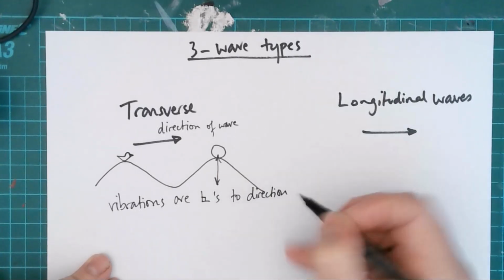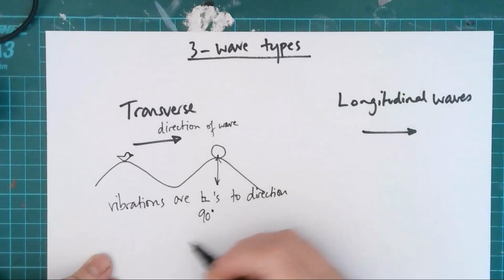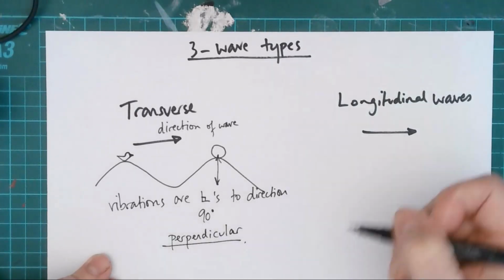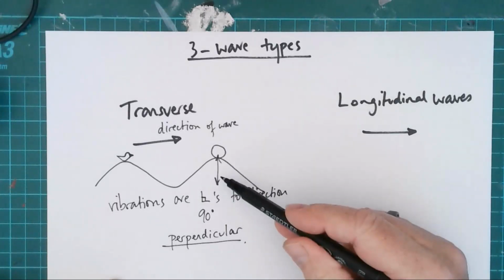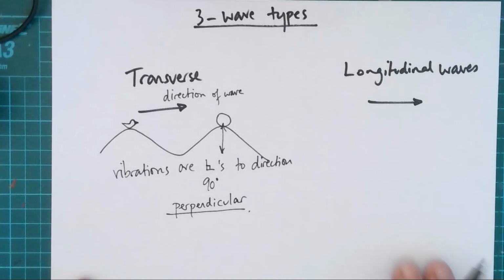Okay, right angles, that's 90 degrees. Or we could use the word perpendicular. Okay, that's a classic word to describe the particles relative to the direction of the wave. Classic example of a transverse wave is water.